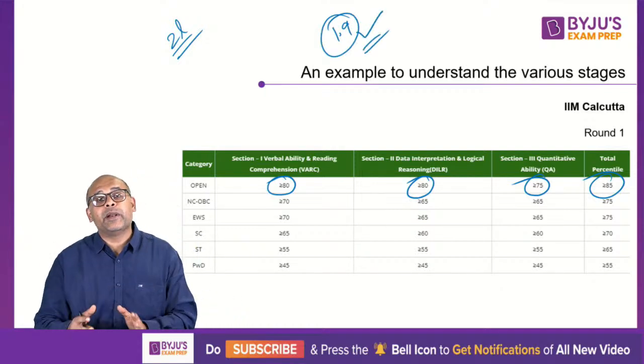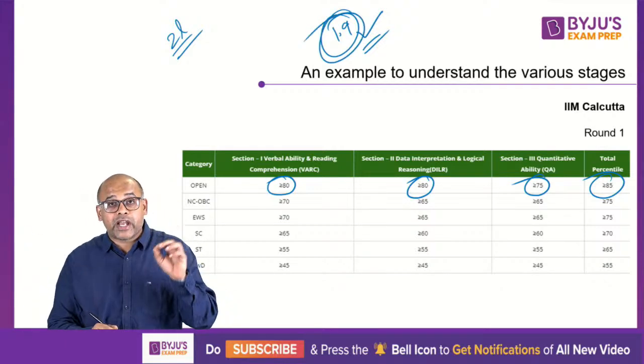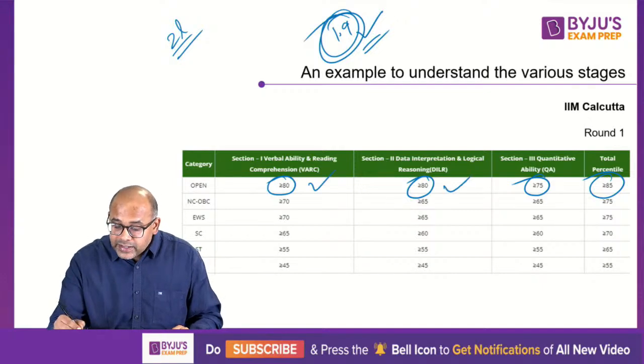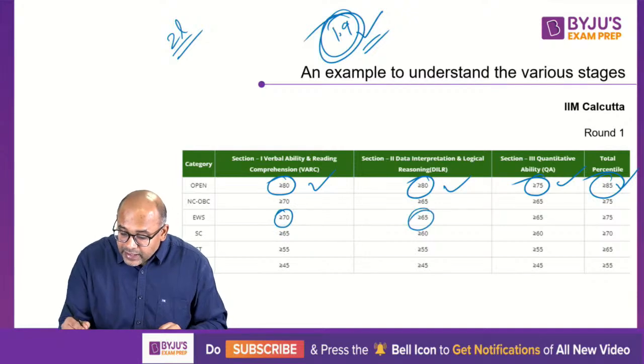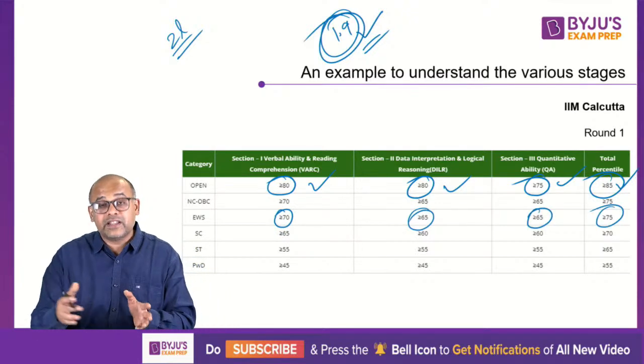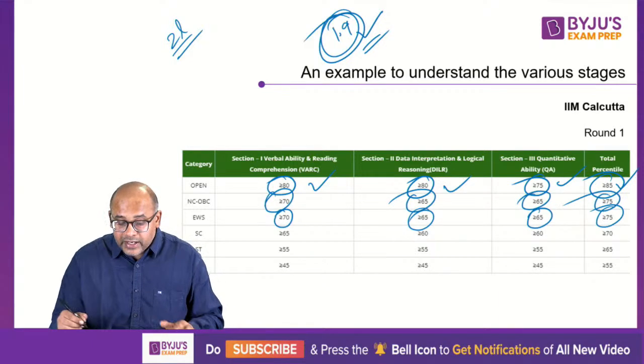Now all these people anyway go ahead and write the CAT exam. Out of these 1.9 lakh people, I will check how many of them are meeting these 3 requirements under the general category. Similarly, I will look at how many are meeting these requirements under EWS, and how many under NCOBC.